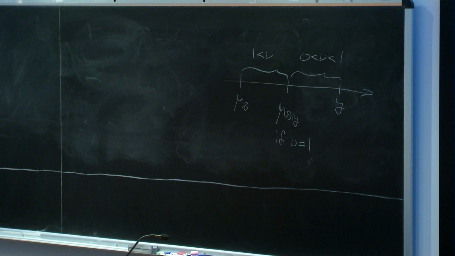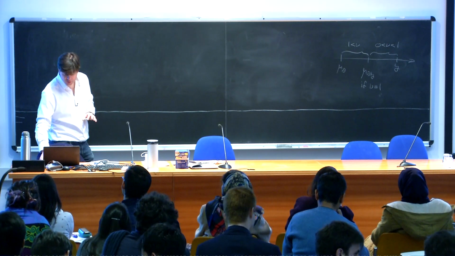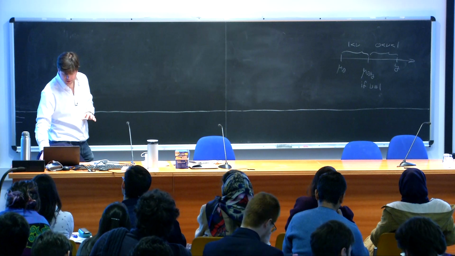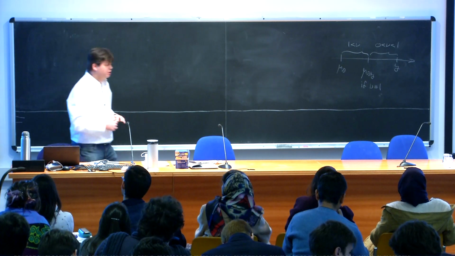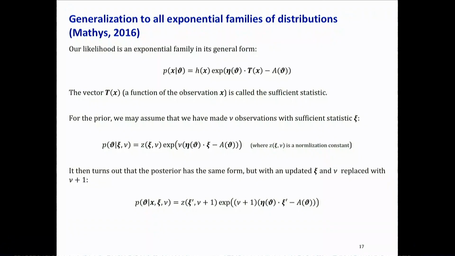And as we already saw, we can do this for all families of exponential distribution if we choose the right conjugate prior. This one here. Then we get the posterior simply by updating our hyperprior psi in this manner.